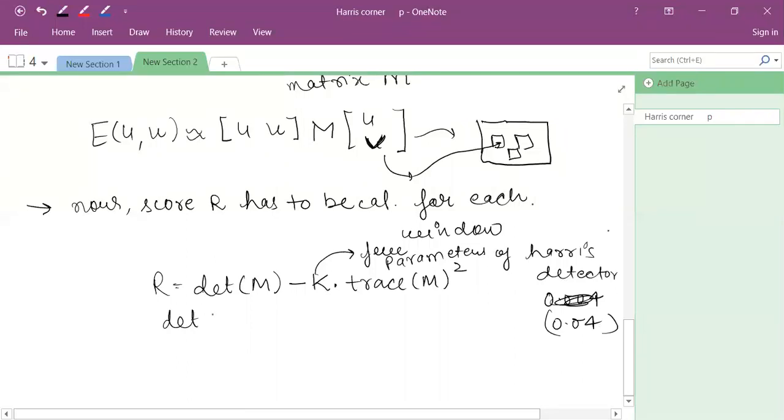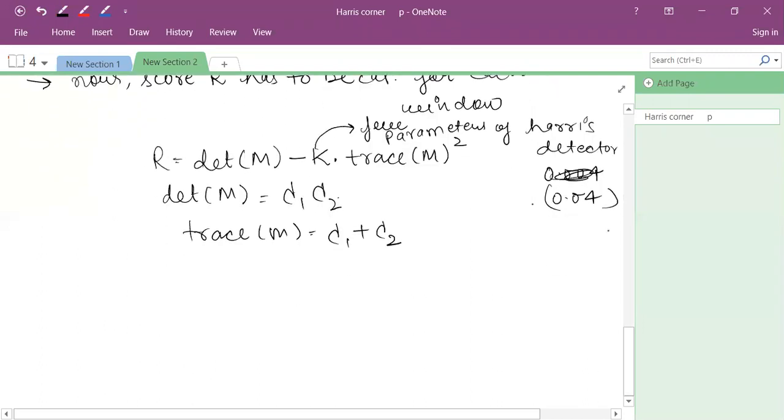The determinant of the matrix can be identified by using the eigenvalues, lambda 1 and lambda 2, and the trace of M is represented by the addition of these eigenvalues.